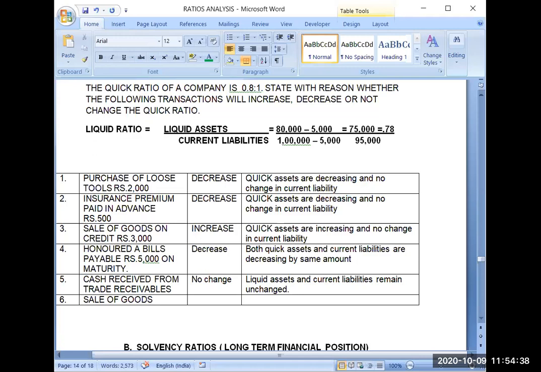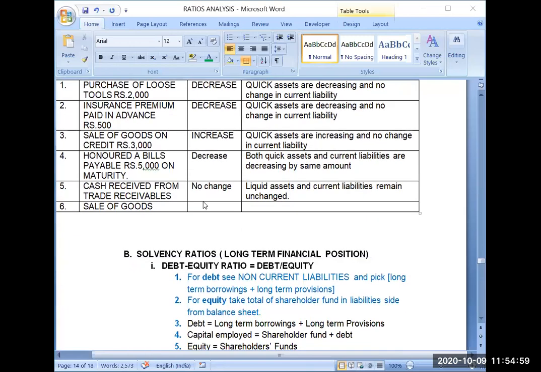You can further explain that cash is increasing and trade receivable is decreasing. Both are the components of liquid assets.